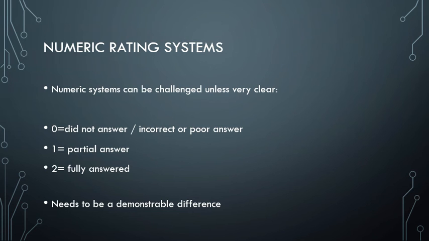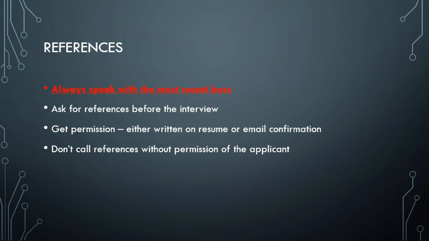I think a clear, simple numeric system like a 0 for did not answer or incorrectly answered the interview question, a 1 for a partially answered question, and a 2 for a fully answered question is very simple, and it is easy to determine the difference between a 0, a 1, and a 2, which is sometimes where the difficulties come in. There needs to be a demonstrable difference between the successful candidate and less successful candidates in case the interview itself is ever challenged, and that's particularly important in a unionized environment.